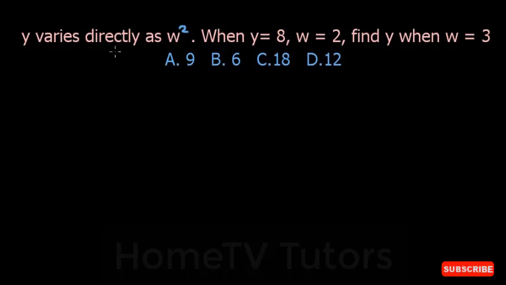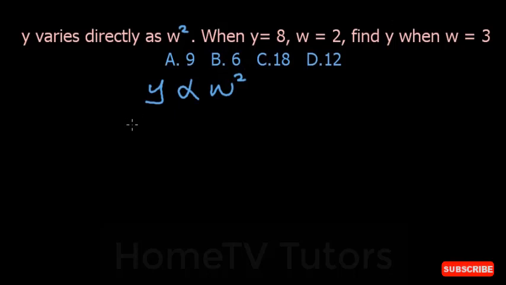Y varies directly as w raised to power 2. When y is equal to 8, w is equal to 2. Find y when w is equal to 3. So we have an expression of y varies directly w square.